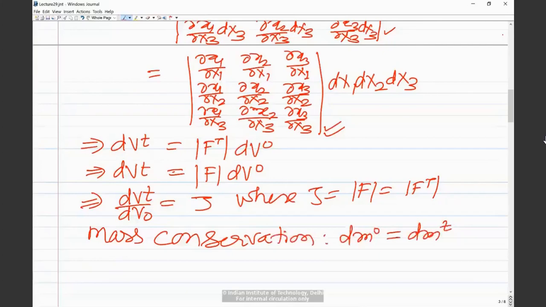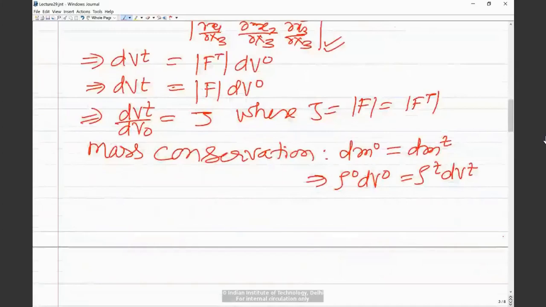So dm naught would be equal to dmt, and dm naught we can write as rho naught into dv naught, which is equal to rho t into dvt. Rho naught is the density of the material in the reference configuration, and rho t is the density of the material in the current configuration.